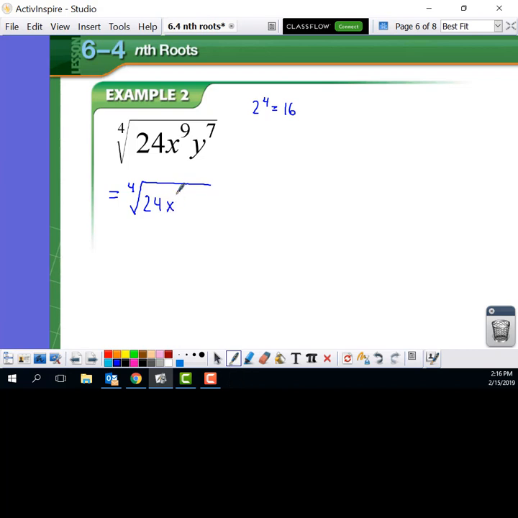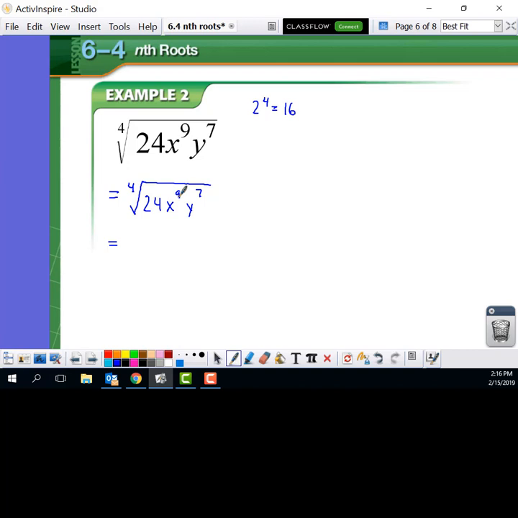Okay, now let's look specifically at x to the 9th, y to the 7th. Now, x to the 9th is not evenly divisible by 4, but it is larger than the index 4. So we're going to be able to bring part of that x to the 9th out. So ask yourself the question, how many times does 4 go into 9 evenly? If you said 2, you are correct.